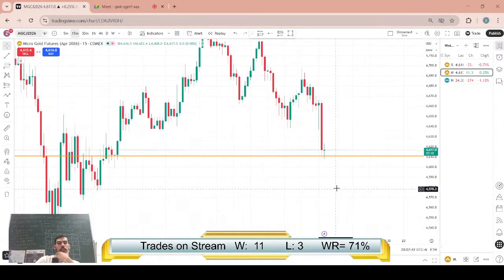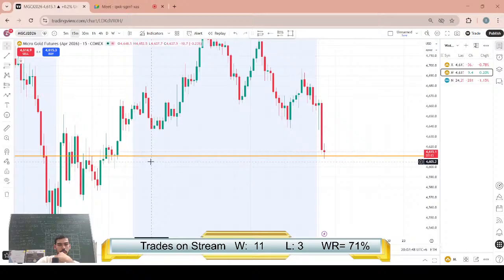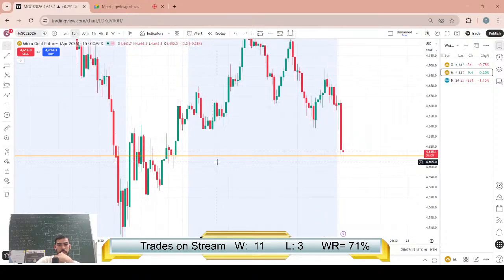So let's just wait for the 15-minute candle to close in about 7 minutes, and we will see what will happen from there. I think that's much better.